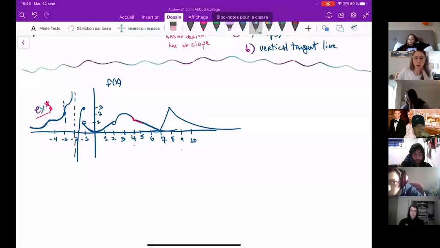Again. So the first question will be, list all of the x values where f of x is not differentiable.